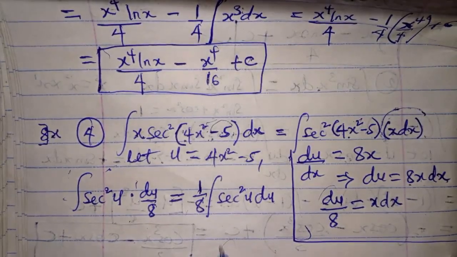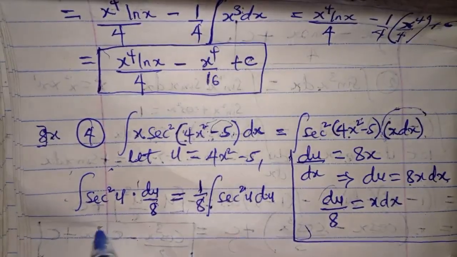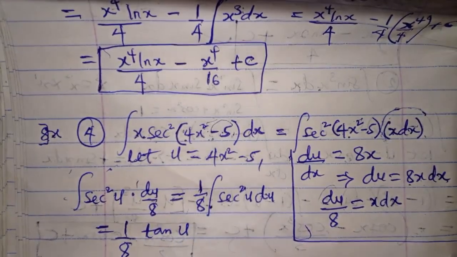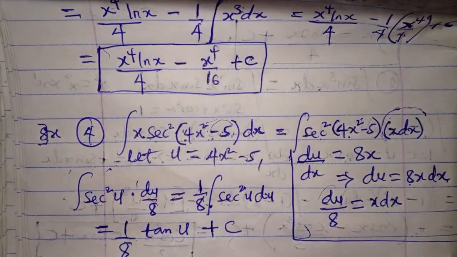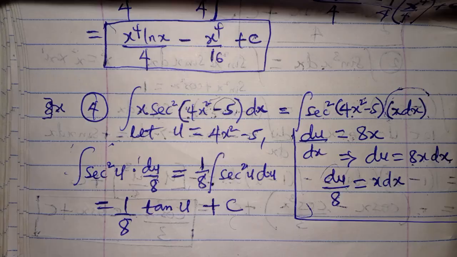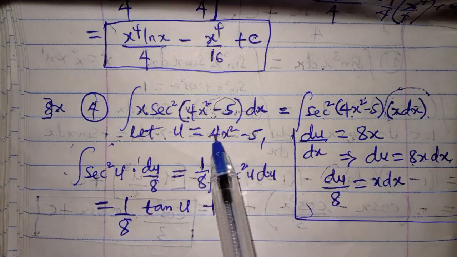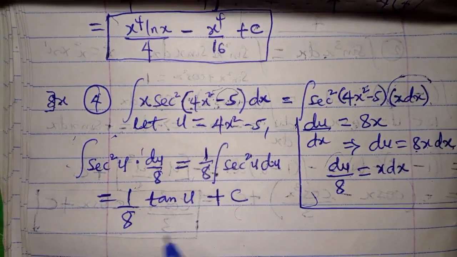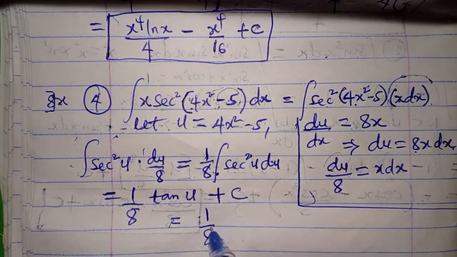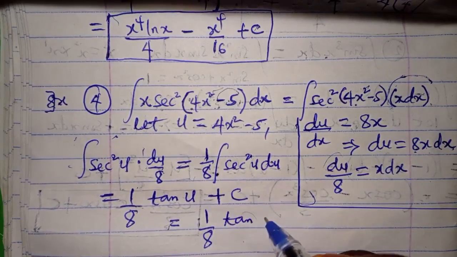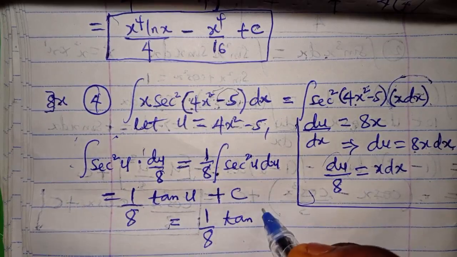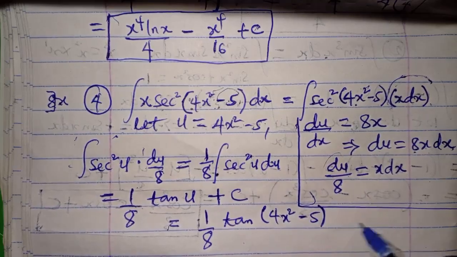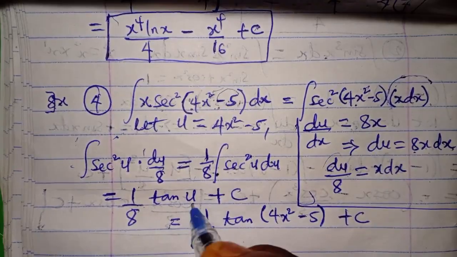On this note, the integral of sec squared u du is simply tan u, and we add the constant of integration. So remember, we said let u be equal to what? 4x squared minus 5. So this is now equal to 1 all over 8 into tan of u, and u is 4x squared minus 5. So we have 1 over 8 tan of 4x squared minus 5 plus c. This is the integral.